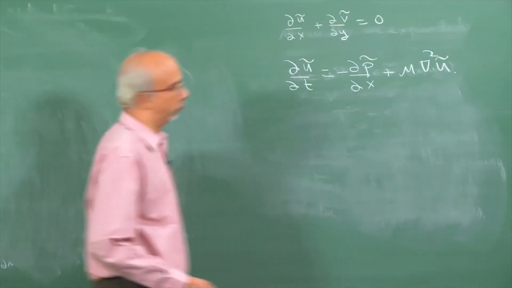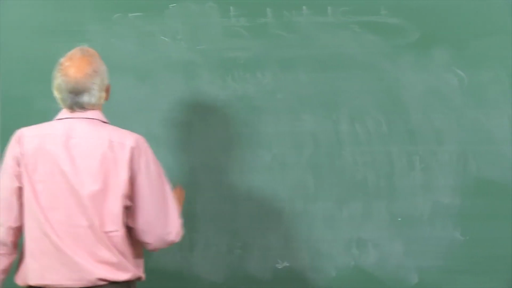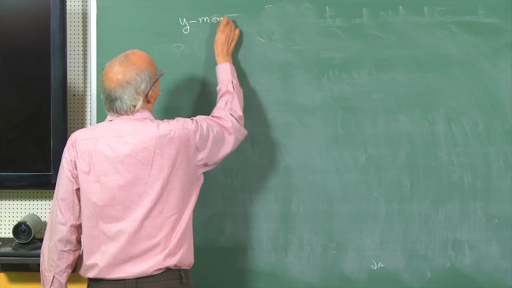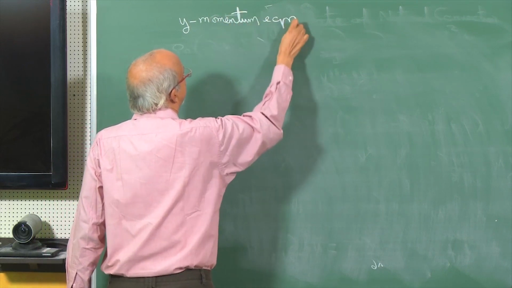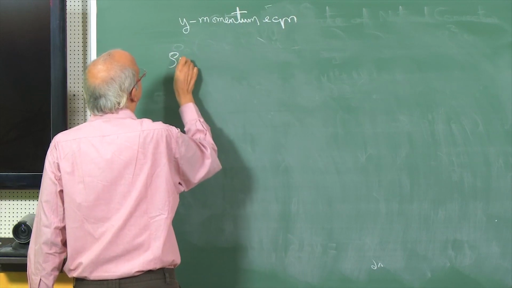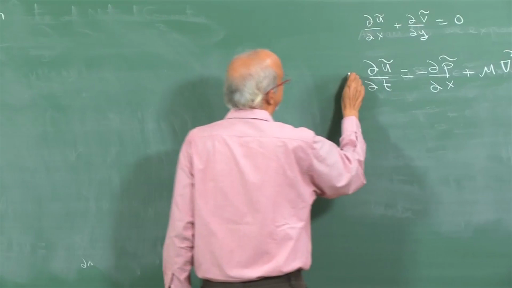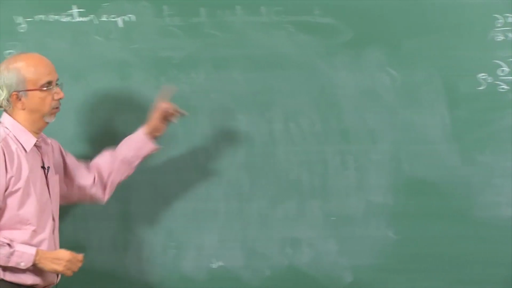What I would like to do next is look at the y momentum equation, and in the y direction I have rho naught, I believe I am missing a rho 0 here. I missed a rho 0.